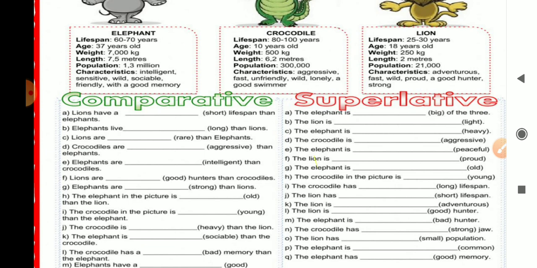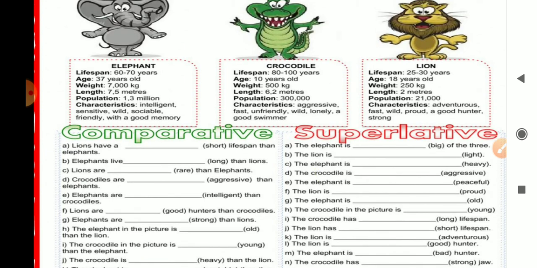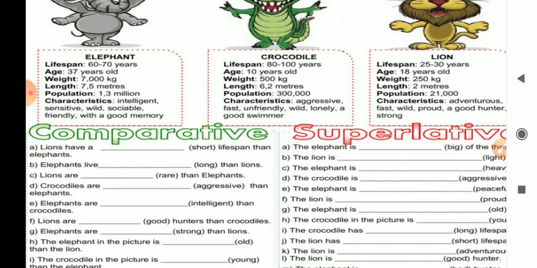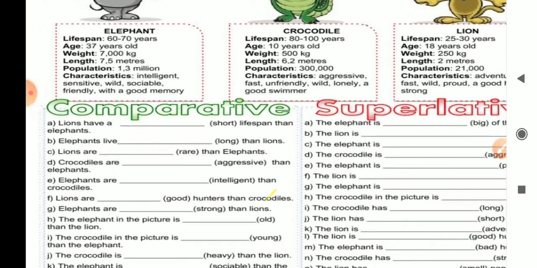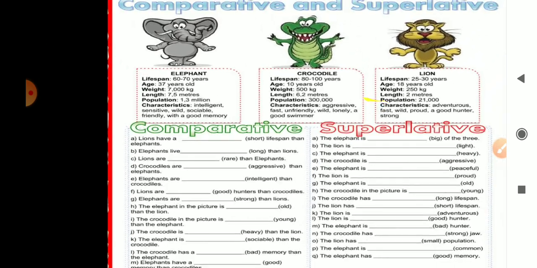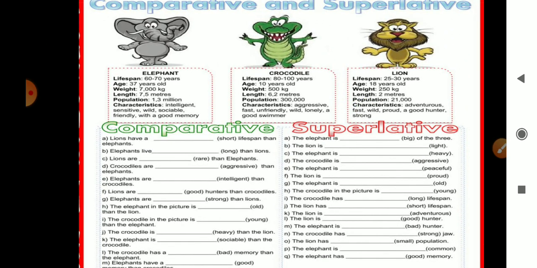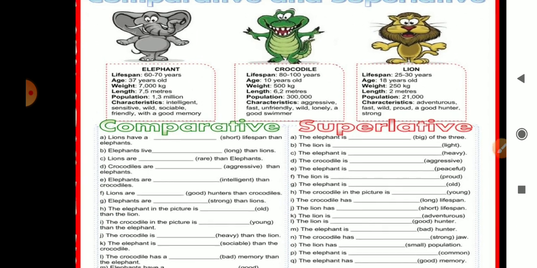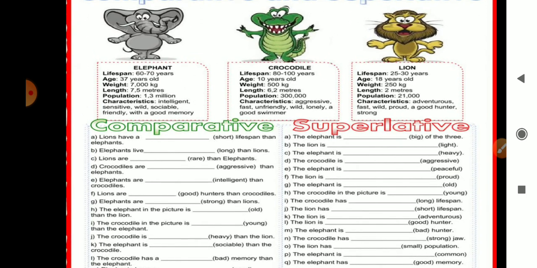Then I have given the characteristics of those cartoons. As per those features, you have to fill in the blanks. So this is your homework. Complete this chart, complete this homework and write to me in the comment box whether you could complete this homework or not.